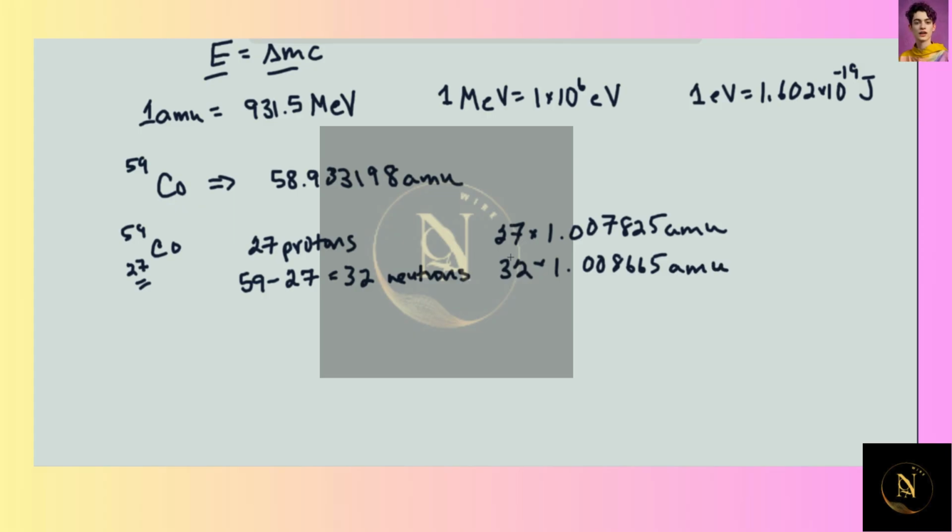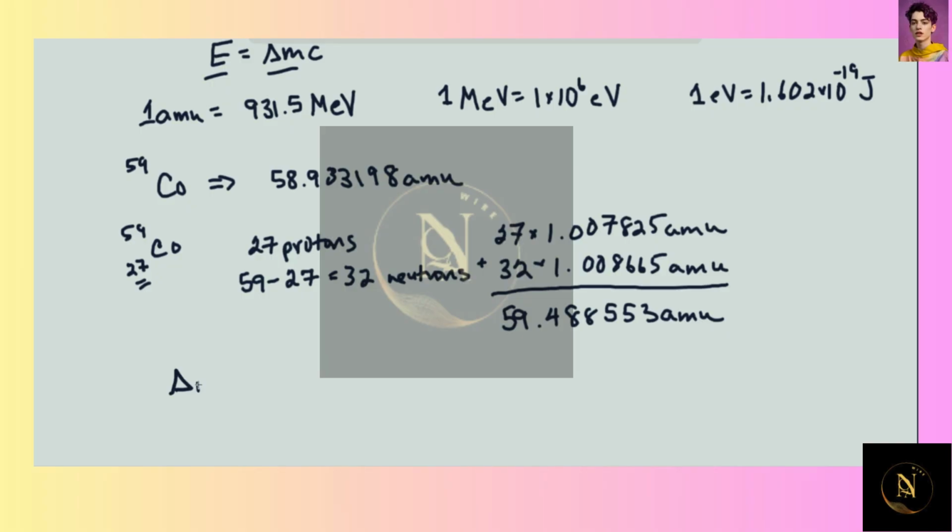So if we take the number of protons times the mass of a proton plus the number of neutrons times the mass of one neutron, we find that the mass of the parts is 59.4885553 AMU.